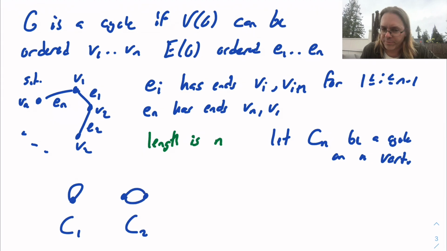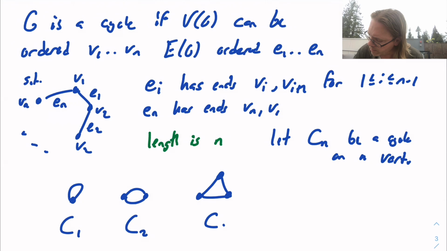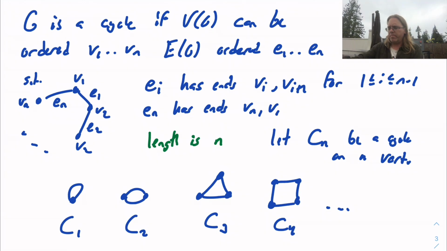If you look at what this means for n equals 2, you're going to have two vertices, say V1 and V2, and two edges, E1 and E2, and both E1 and E2 have the same ends. They both have V1 and V2 as ends, so they're parallel edges. That's C2. Here's C3, C4, and so on.